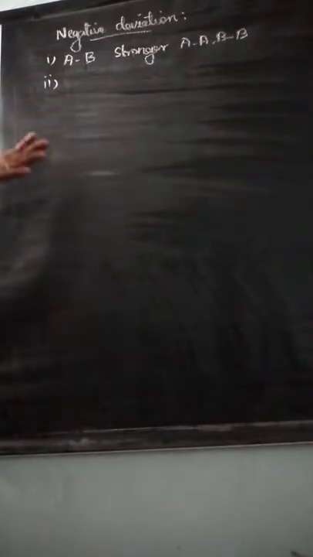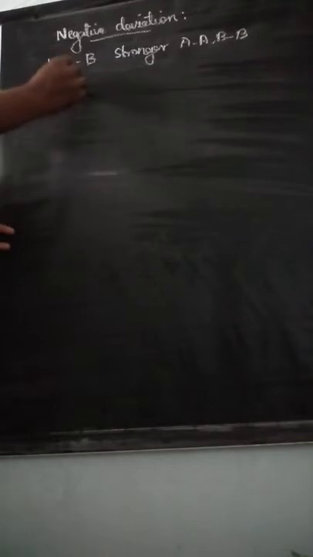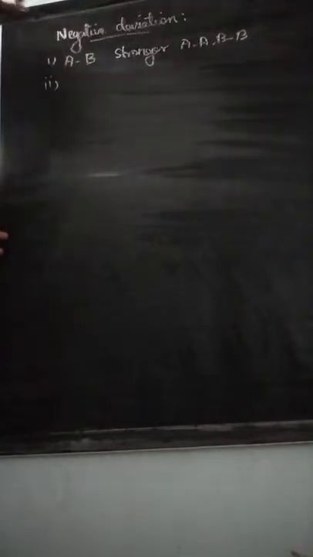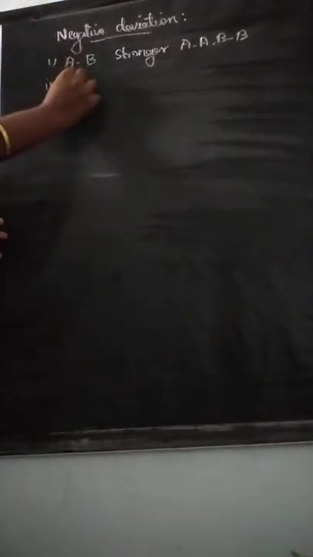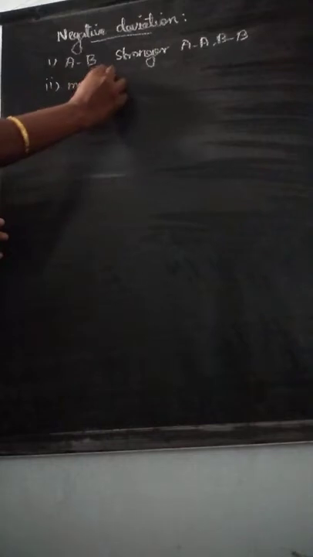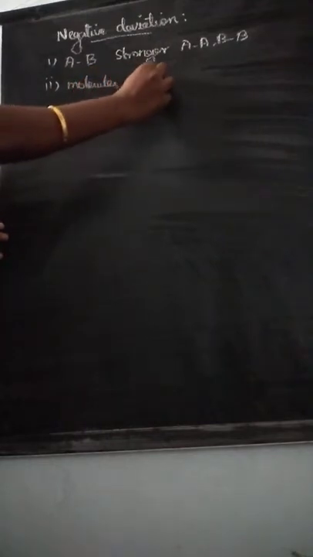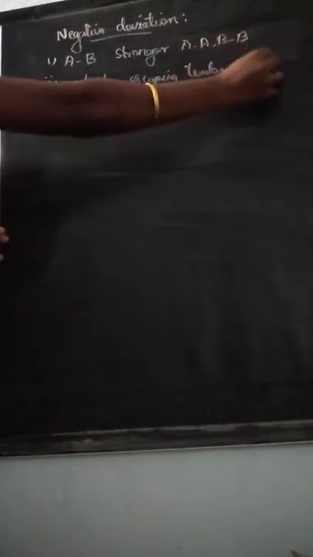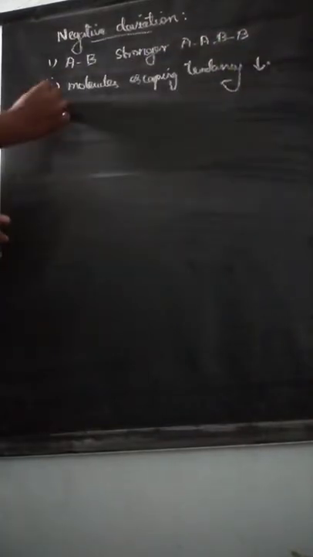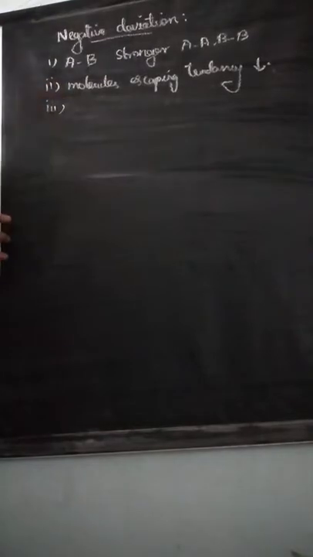Second point, the escaping tendency of molecules is lower, where in positive deviation the escaping tendency was greater. So the escaping tendency of the molecules is lower compared to the ideal solution.